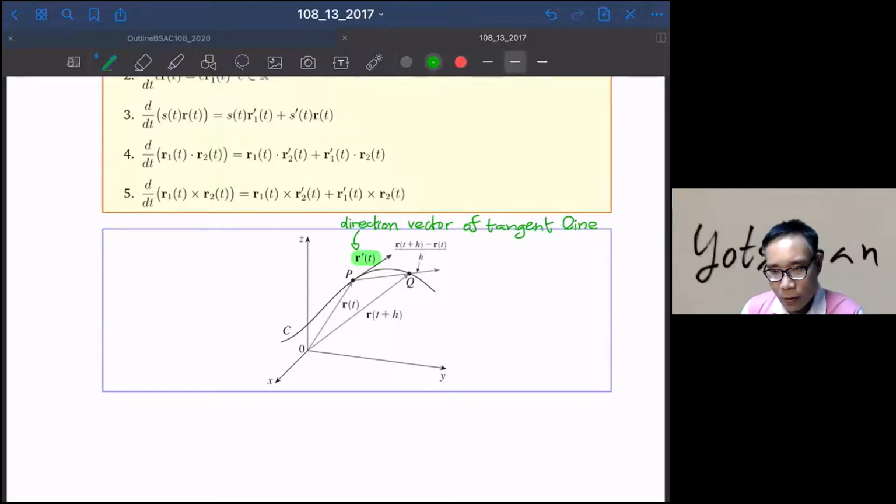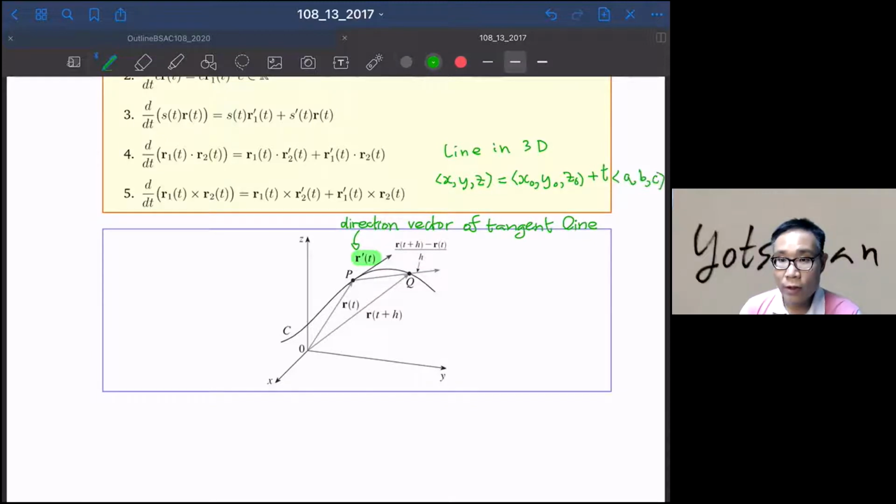So when we are doing a line in 3D, what are you going to need? It's going to be x, y, z. You're going to need the point x0, y0, z0, plus t times a, b, c.